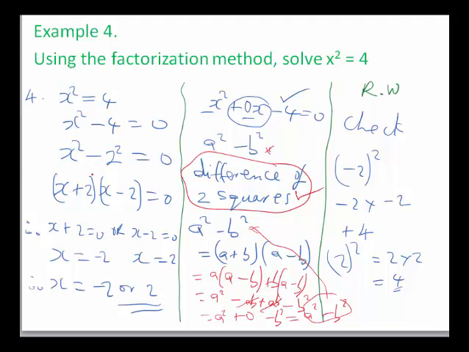Then when we have this, we can now apply difference of two squares. Therefore, x plus 2 times x minus 2 is equal to 0. Then taking this, we solve for x, or taking that, we solve for x. Therefore, x is equal to plus or minus 2. We've equally done the check here, and we observe that that's the answer.